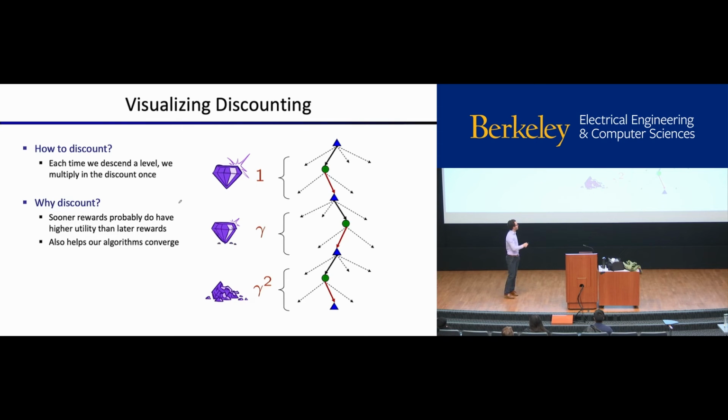But if we don't get that gem until the next time step, the next state, action, next state transition, we get a gamma for the same reward. And if it happened 2 time steps into the future, we would call it gamma squared. Okay? So why do we do this? Well, if the rewards end up being infinite, it's going to keep our sums finite. So this is a helpful thing. We'll see that in a second.